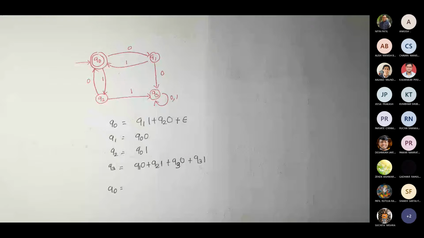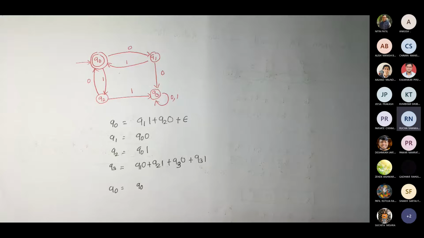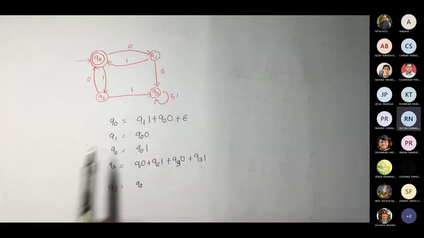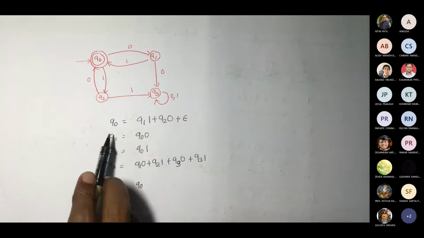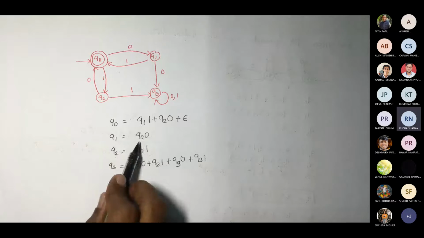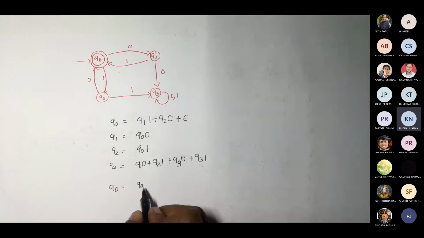You are replacing the Q1 value, correct? Q1 is Q0 0, and then 1. Q0 0 and then 1.